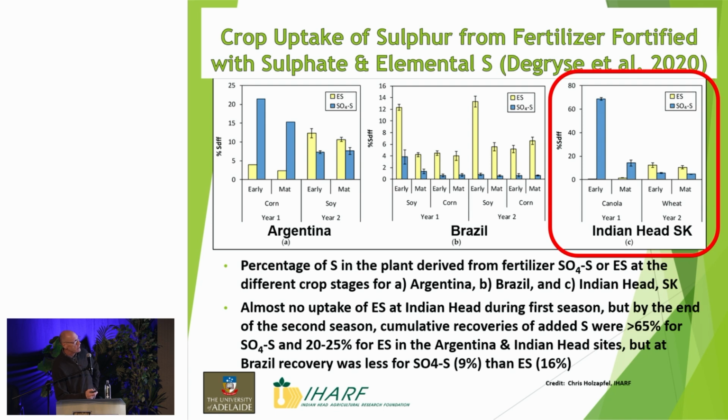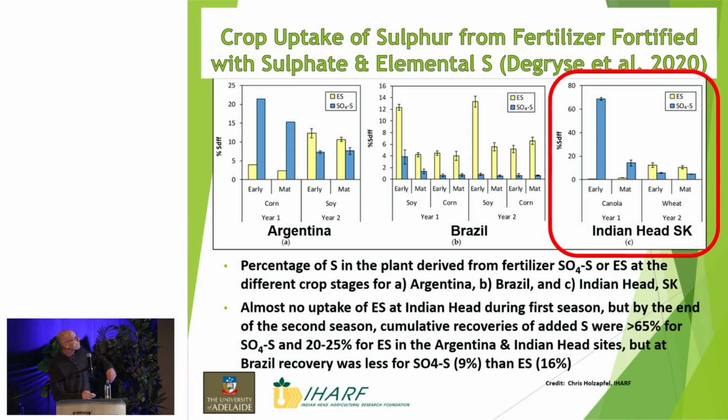And in the first one, what they looked at was in year 1, where did the sulfur that got in the plant come from? Well, in year 1, it all came from sulfate form. In year 2, we're getting the majority of it coming from the elemental form. So good news.